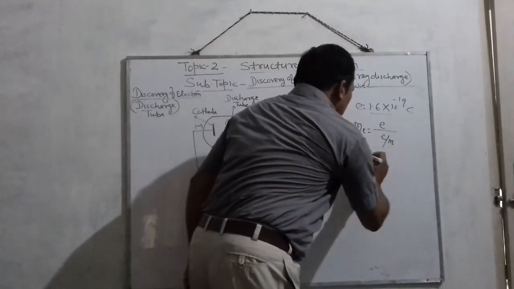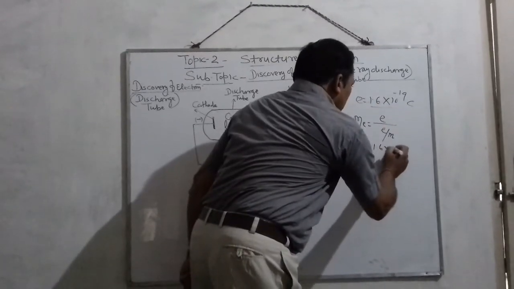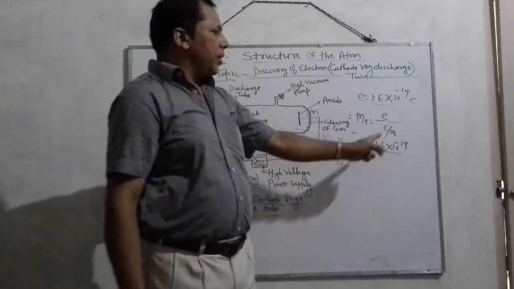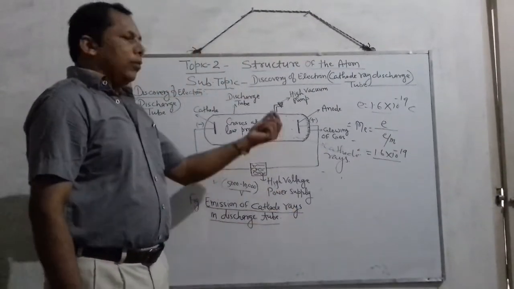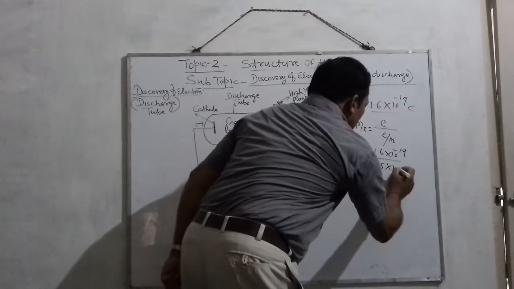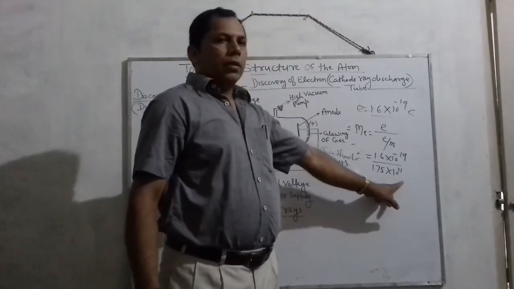So e is 1.6 into 10 to the power minus 19, and e by m value is nearly 1.75 into 10 to the power 11 coulomb per kg.